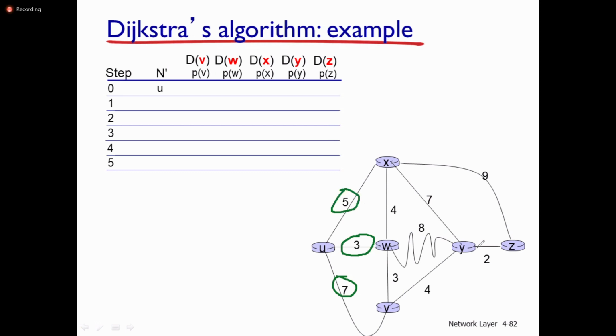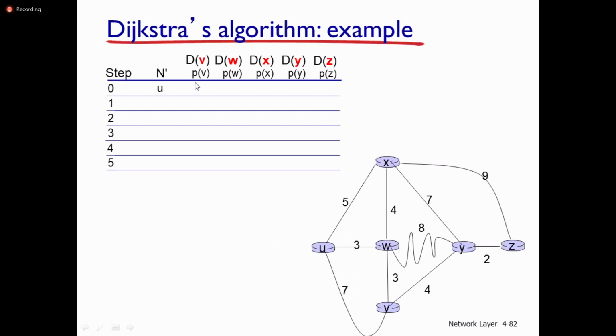U to Y: Y is not an immediate neighbor of U, so we will write it as infinite. We don't know the distance initially.